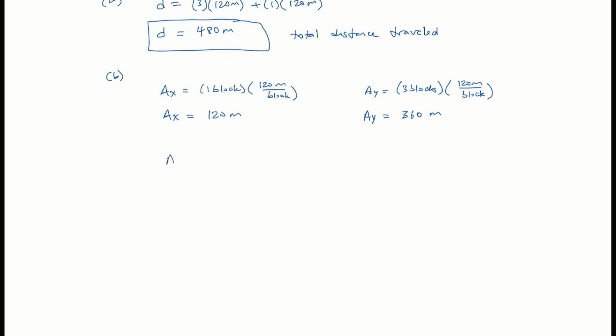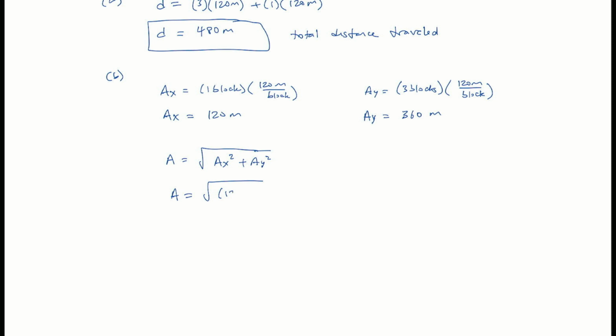The magnitude of our displacement, we'll call it A. Remember, this is the shortest distance between the 2 points. It is going to be the square root of Ax squared plus Ay squared, the 2 legs of the right triangle.